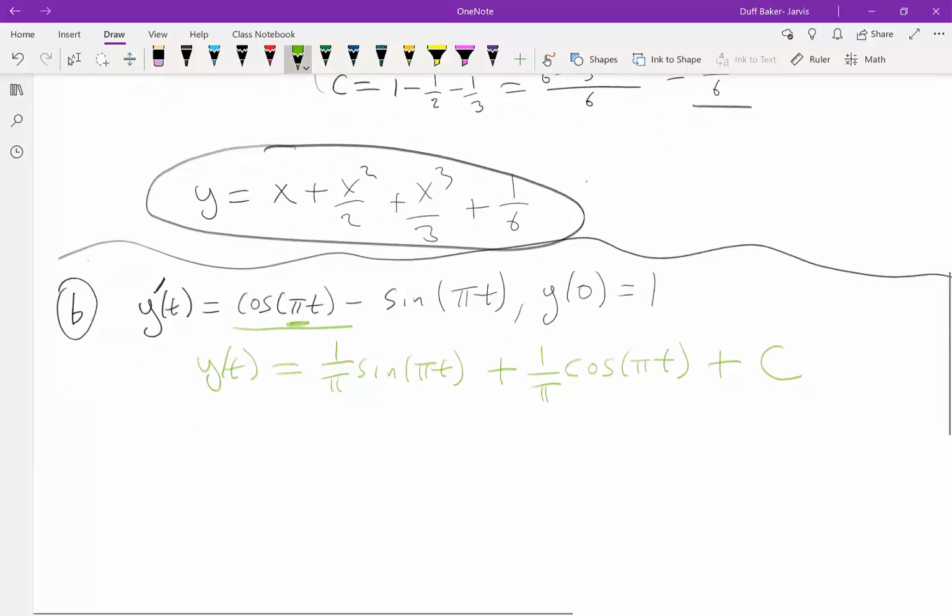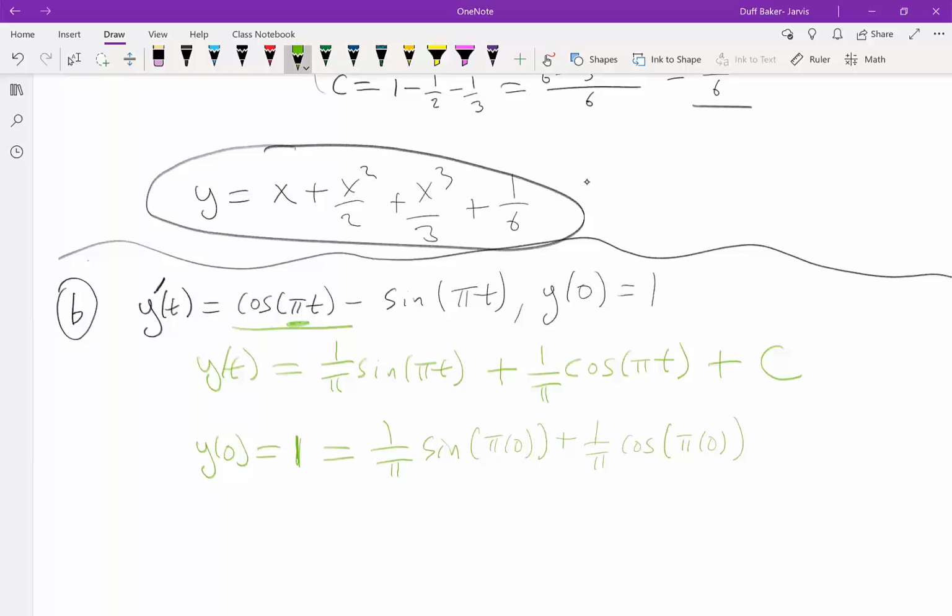Second step would be to plug in, so y of 0 means we're plugging t equals 0 in, that better be 1. So that'll be 1 over pi sine of pi times 0 plus cosine of pi times 0 plus c.